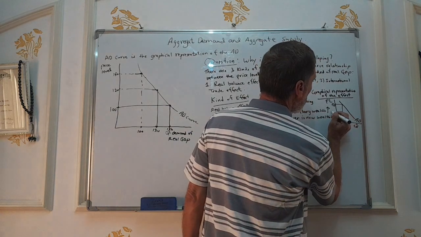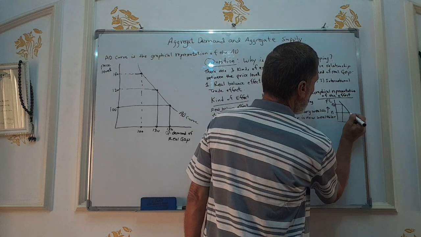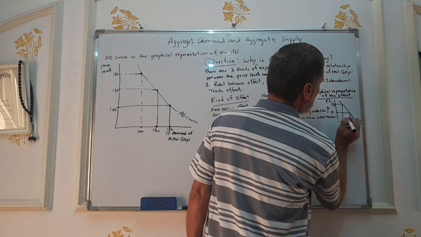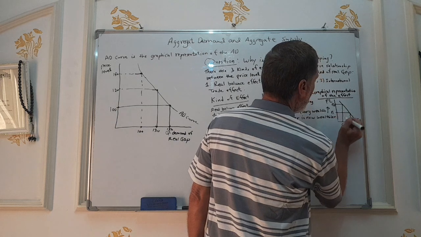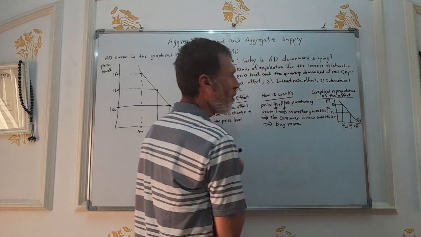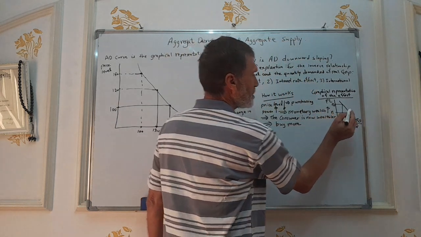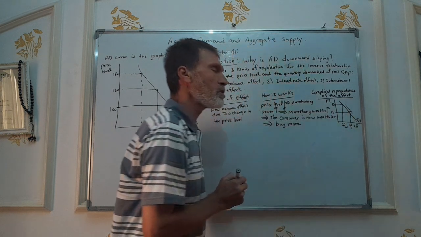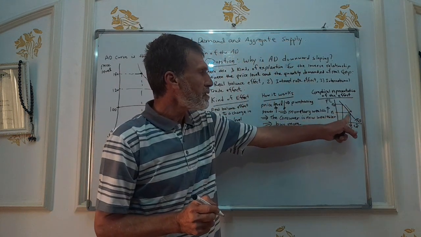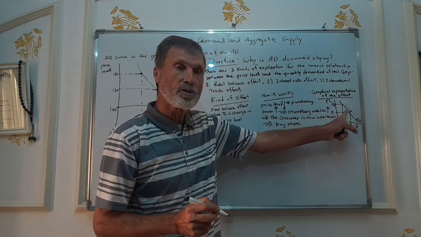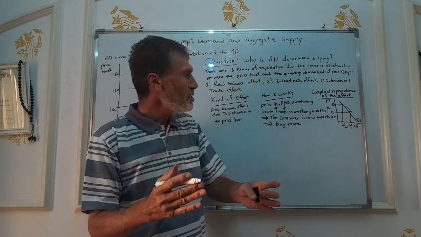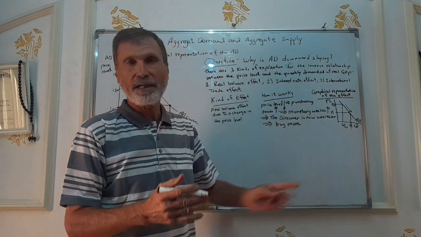Now when it goes down to P1, he purchases that much, Q0, Q1. So he purchased more. We have a downward movement along the demand curve. There's no change in the aggregate demand, however, there's a change along the aggregate demand curve.